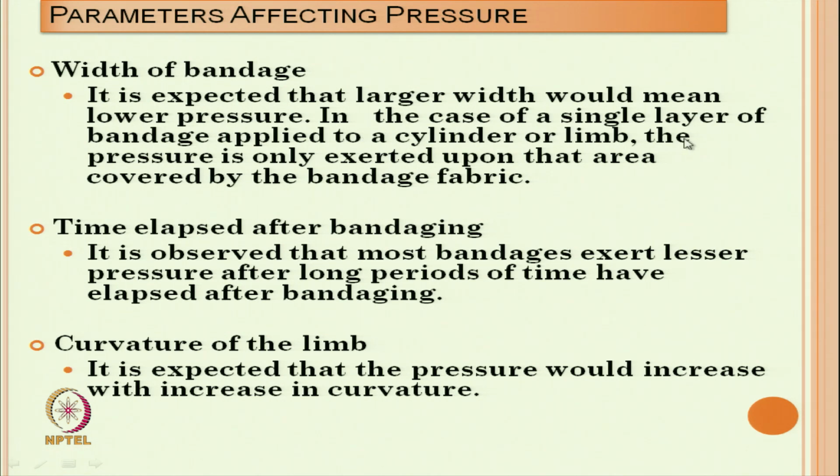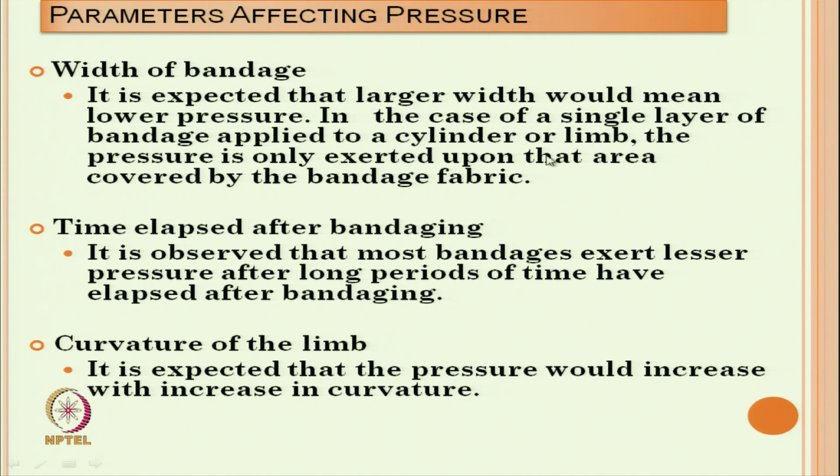In the case of a single layer of bandaging, so we are keeping the layer constant, applied to a cylindrical limb, the pressure exerted upon the limb will depend on the tension applied and the area.